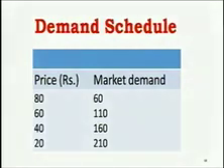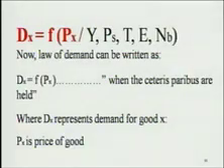Actually, before that, we can summarize this area. Now look at this equation. Here we have demand as a function of price, other things remaining constant. That means when you say demand is a function of price, we assume other factors do not disturb this. So that is the meaning behind the law of demand.